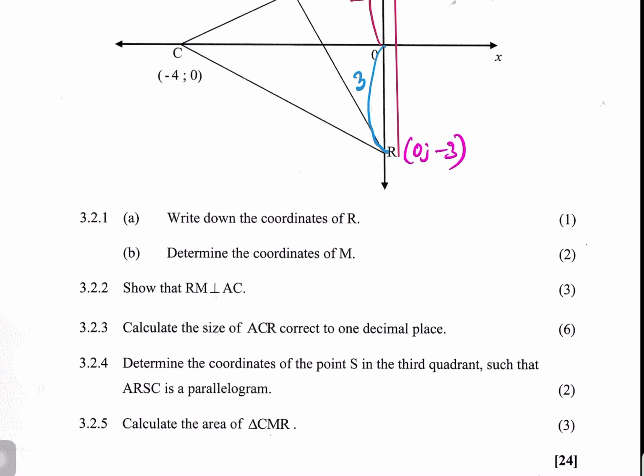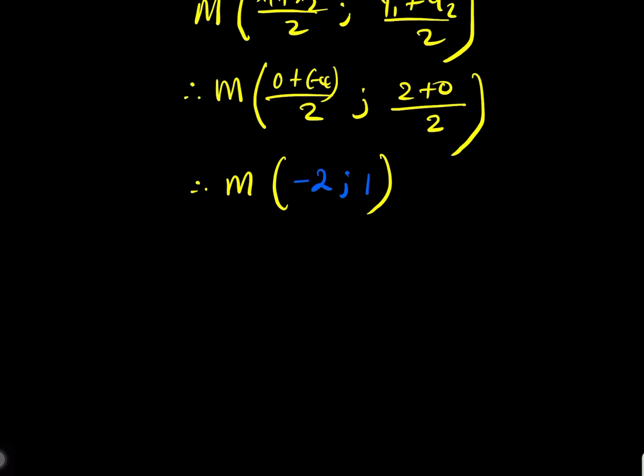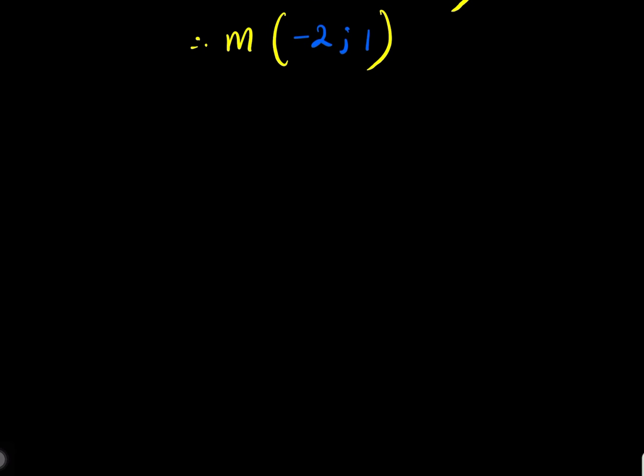Their product must give you negative 1, if they are perpendicular. But if they say to you, prove that RM is parallel to AC, it means their gradients are the same. All right, please get that. They can always throw that question at you in the exam.